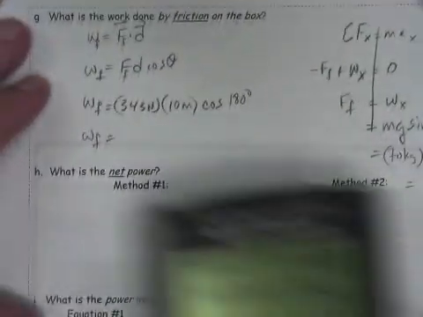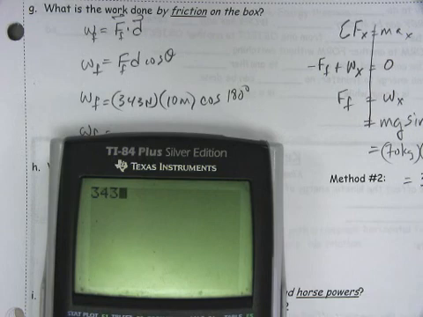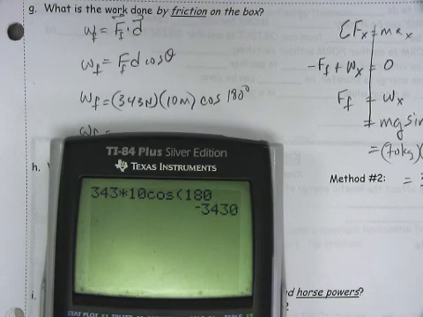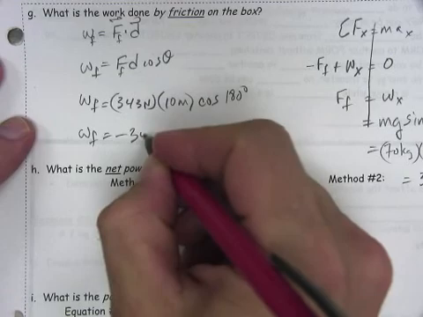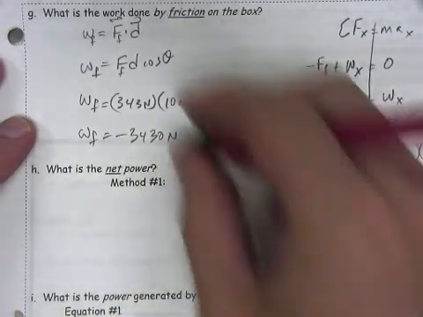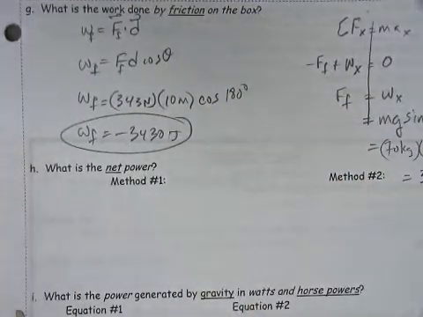Cosine of 180 is -1, by the way, but we'll do it on the calculator. So 343 times 10 times cosine of 180. And that's going to be negative 3,430, and that'll be measured in joules.